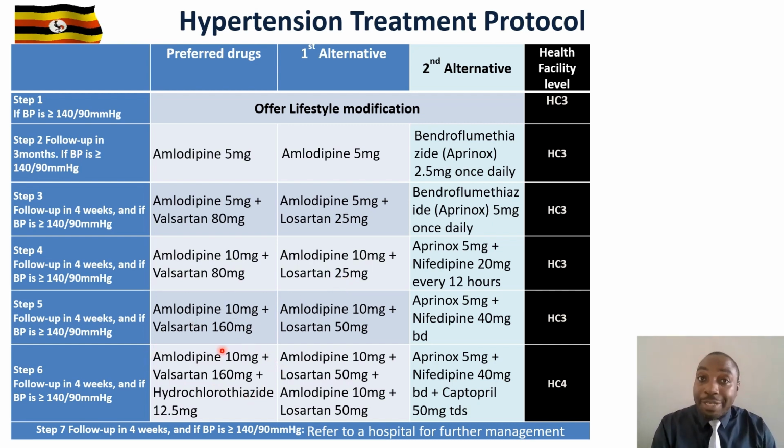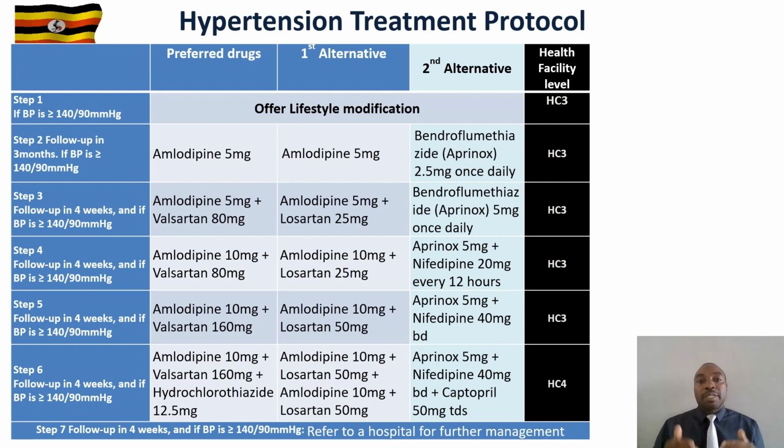Then if still after 1 month there is still no control, we might be forced to introduce a third drug on top of the amlodipine and the valsartan, and we add hydrochlorothiazide. Now we're introducing a thiazide diuretic into the picture at 12.5 milligrams for hydrochlorothiazide. Luckily, there are fixed dose combinations on the market where you find all these three drugs in one tablet. For those who are taking losartan, again, we can have amlodipine 10, losartan 50 with hydrochlorothiazide 12.5 as triple therapy plus lifestyle modifications, remember.